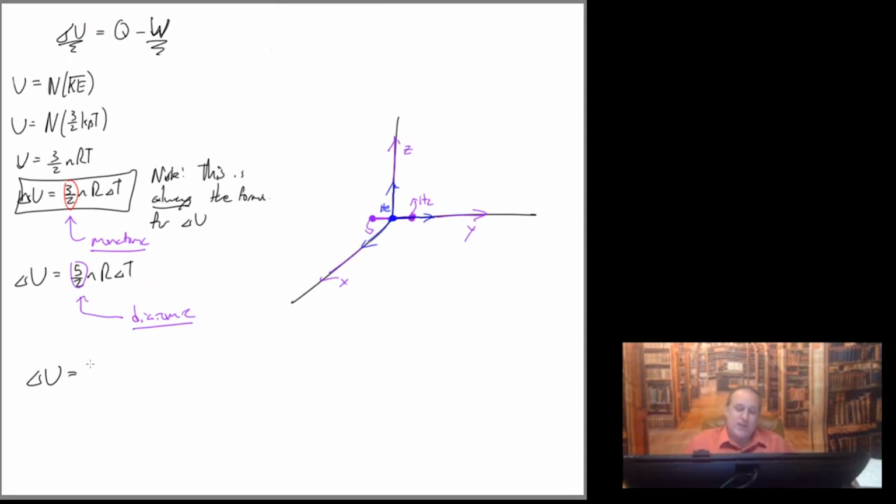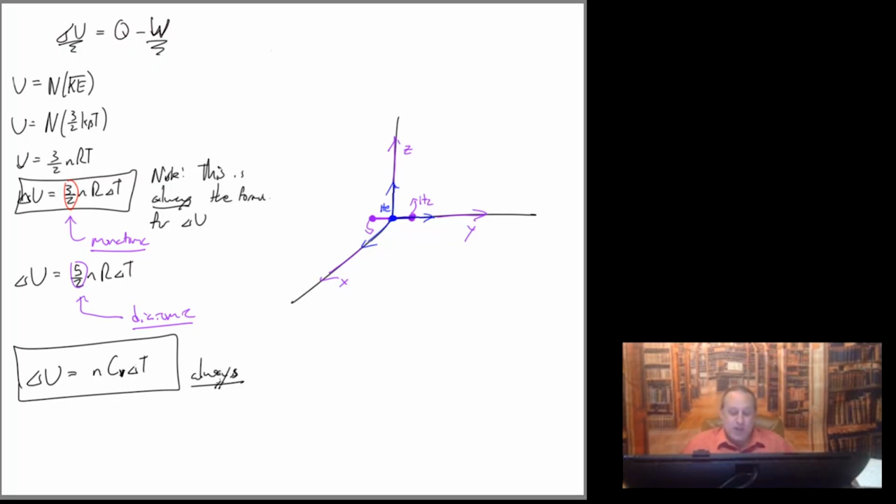We can just say delta U equals N CV delta T, not the 3/2, just N CV delta T. This is always true. Now the CV takes on either a 3/2 R or a 5/2 R, depending on what gas we have.